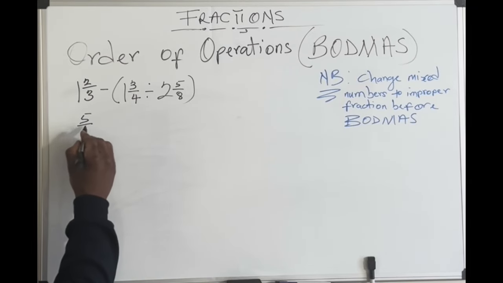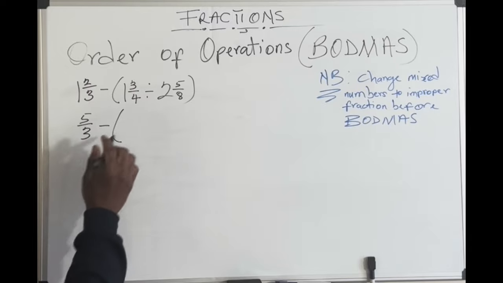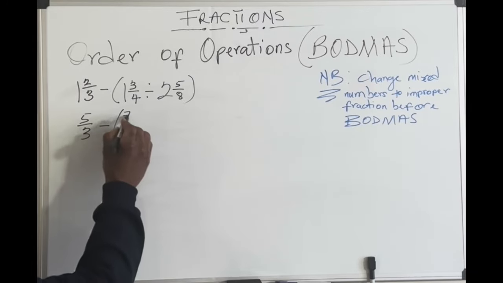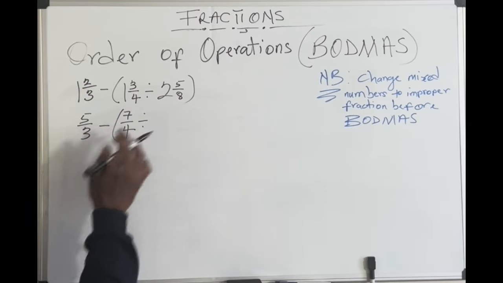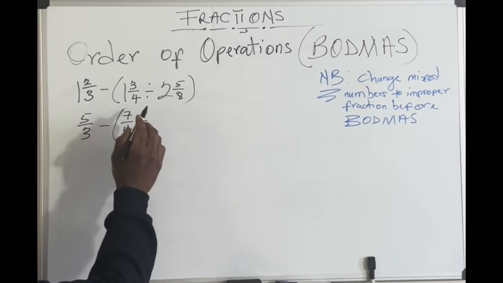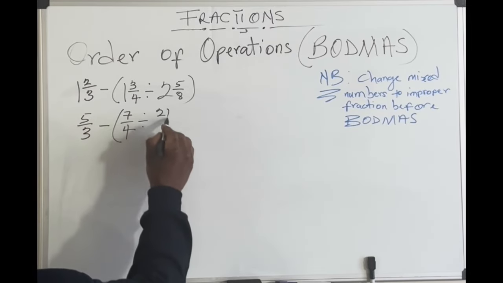So 5 over 3 minus 4 times 1, 4 plus 3, 7 over 4 divided by 2 times 8, 16, 16 plus 5 is 21. So 21 over 8.